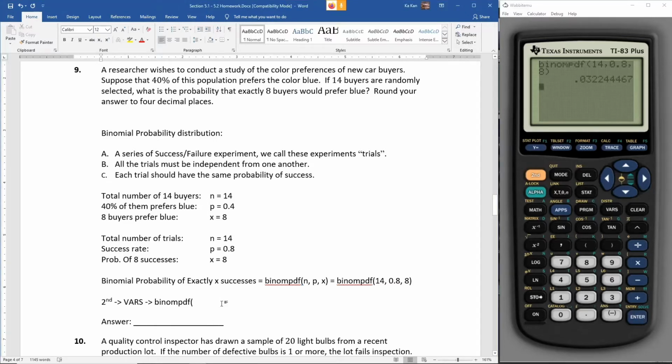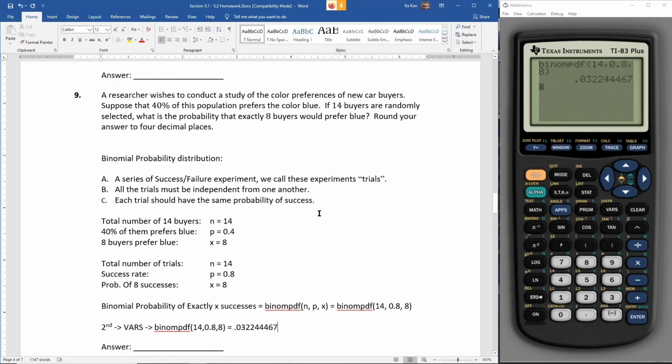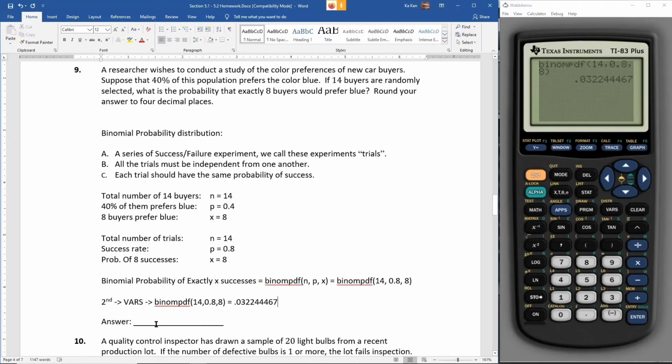So let me type this in. 14, 0.8, and then 8, equals 0.03224467. Of course, you're going to round this to 4 decimal places, so it'll be 0.0322. That's 4 decimal places.